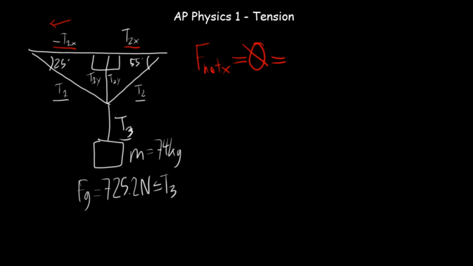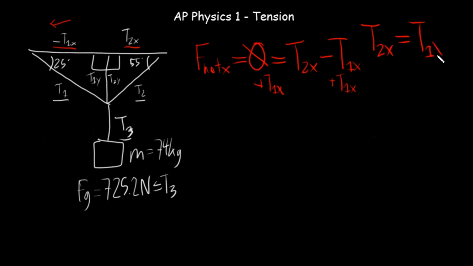These two are positive because they're going up. They're opposing, in a way, T3. We'll get to that later. But basically you have T2x here minus T1x. My pen is super laggy and it's very delayed. You derive this equation.